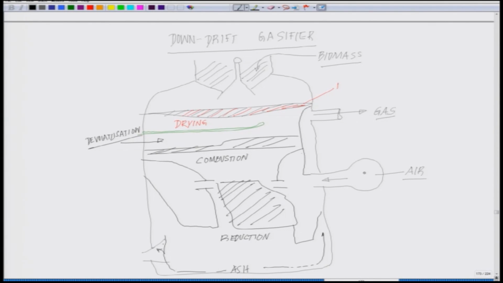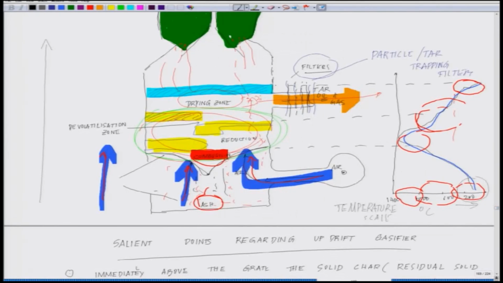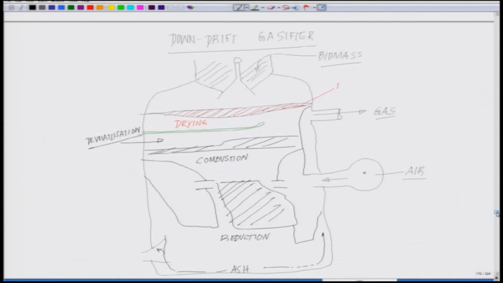Now, if you compare this picture with the previous picture, which was the updraft gasifier we talked about, you see the air is moving in here and it is moving all the way to the top. Here if you look at it, air is not following that route, air is coming into it and moving down, and that is where the reduction is taking place and ash is getting accumulated here. So, in other words, here the arrow will be like this. What does that mean?